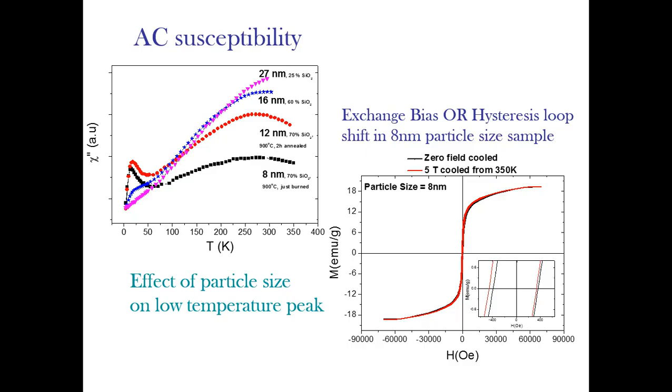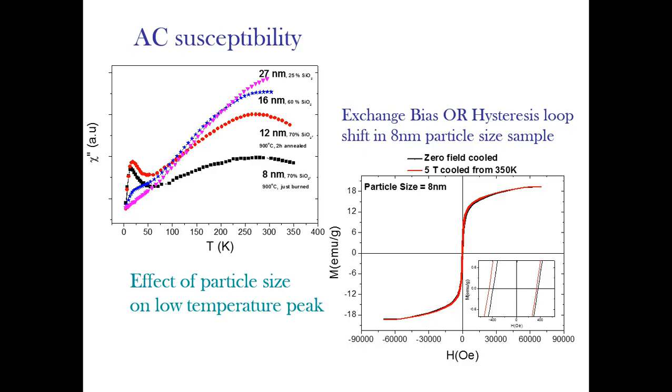At 27 nanometer, this peak has nearly vanished, because when you increase the particle size, you decrease the surface defects, you have a smaller surface to volume ratio, and you have a weak surface core shell interaction, and you have no spin glass behavior.